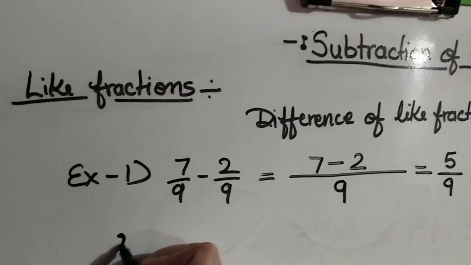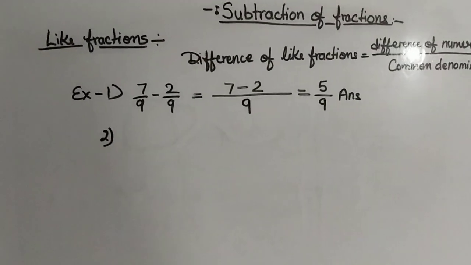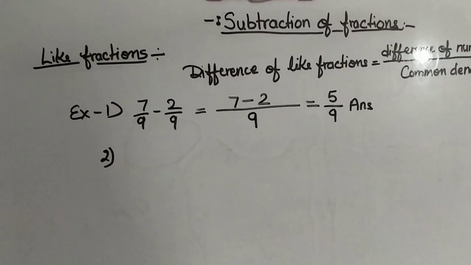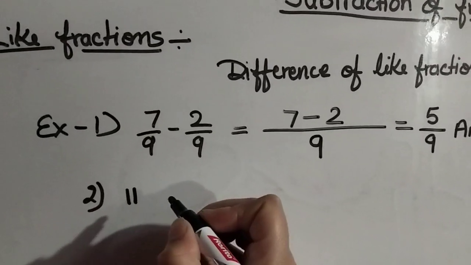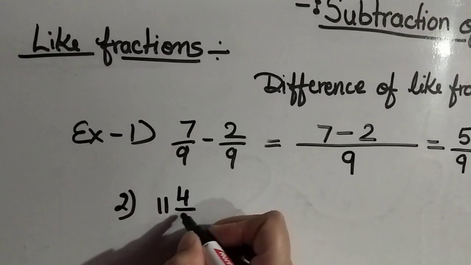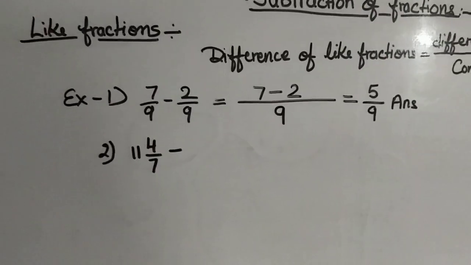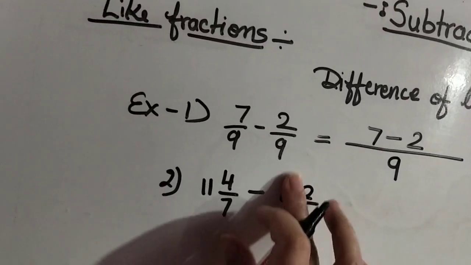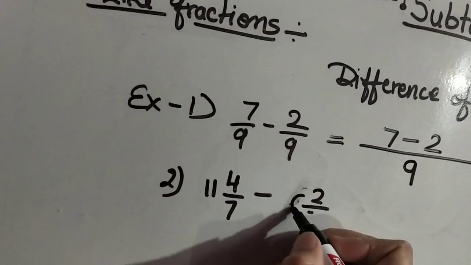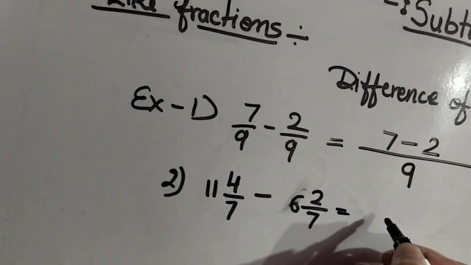See one more example for this. 11 whole 4 upon 7 minus 6 whole 2 upon 7.